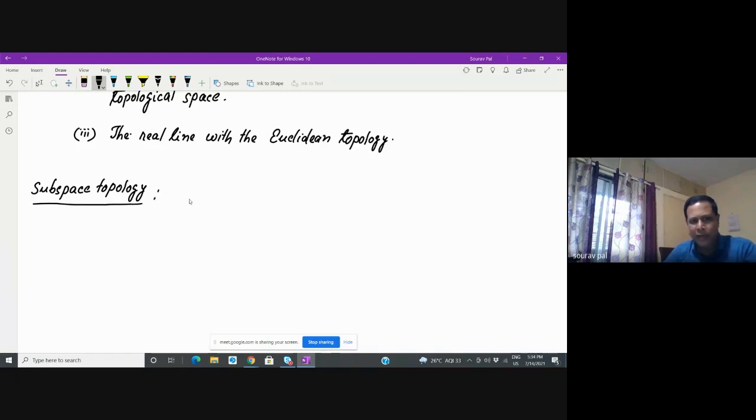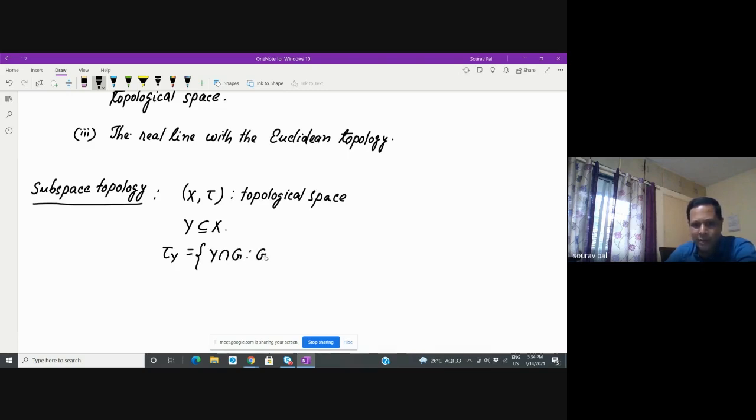So you have a topological space (X, tau), and you have Y to be a subset of X. Now if you form a collection tau_Y that consists of sets of the form Y intersection G, where G comes from the topology.